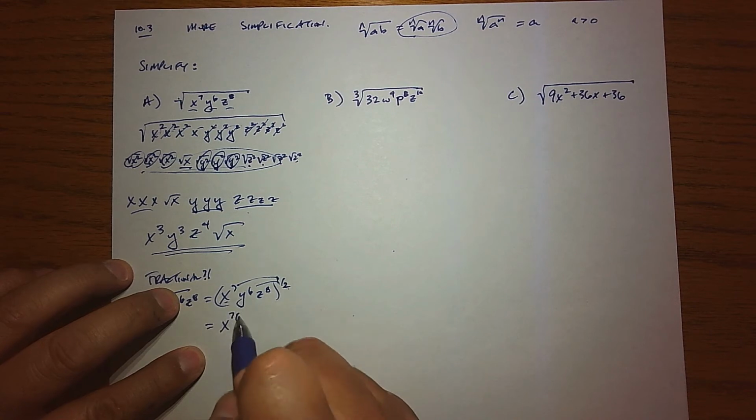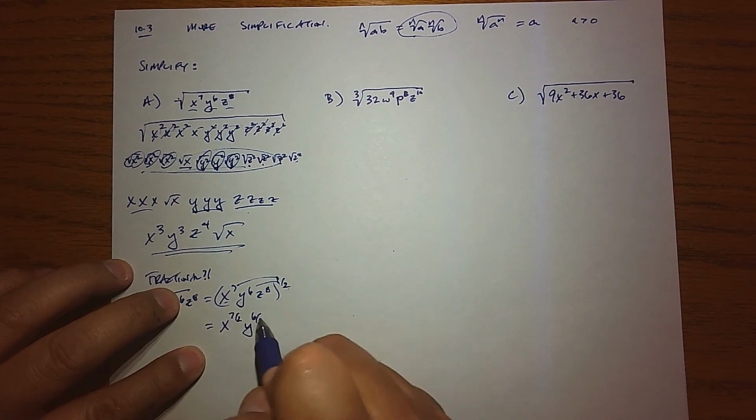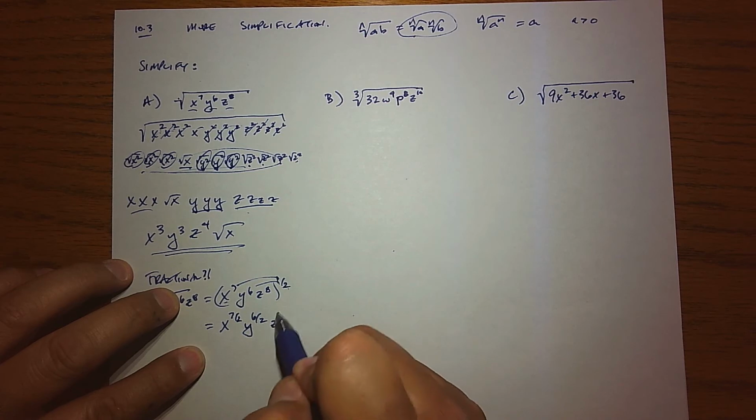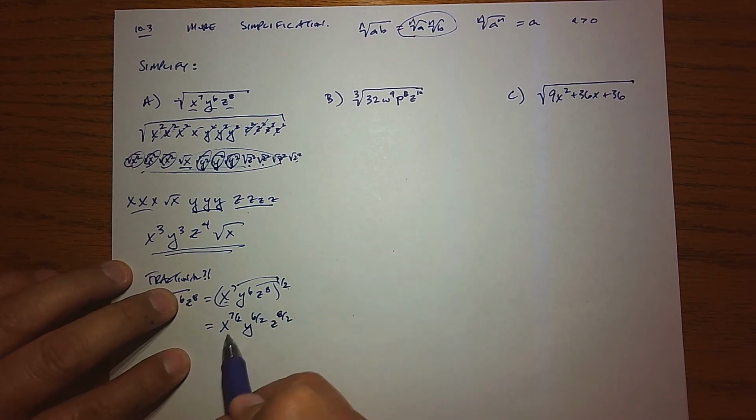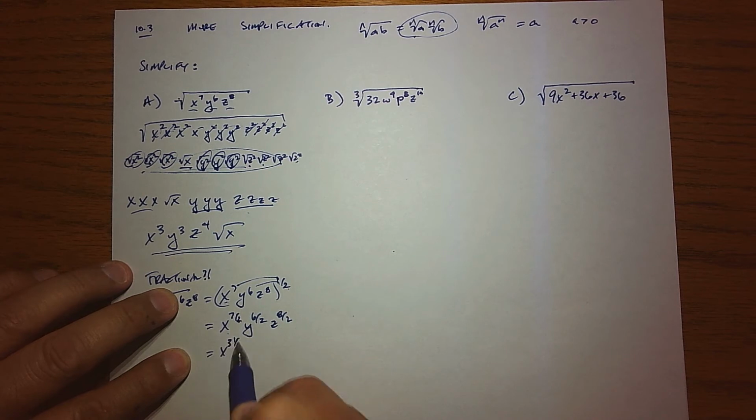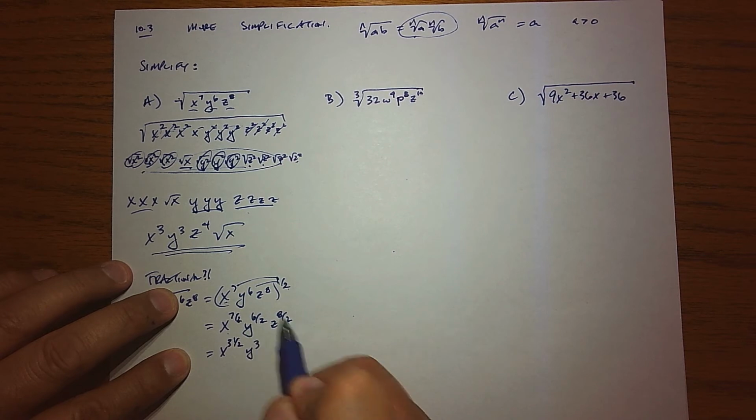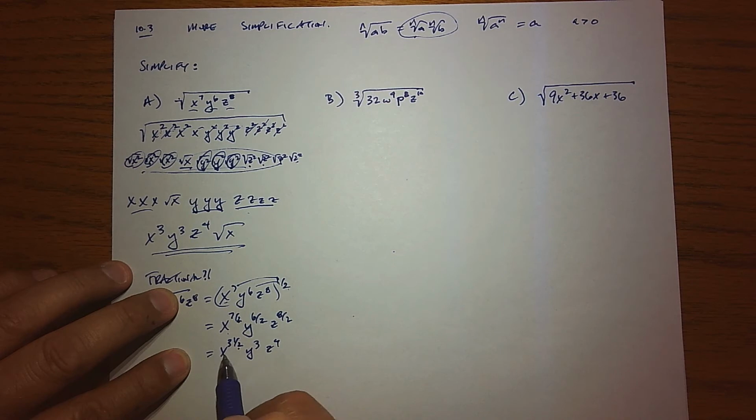So we get x to the 7 over 2, y to the 6 over 2, and z to the 8 over 2. This one, if we think of this fraction, 2 goes into 7 3 times with remainder of 1/2. 2 goes into 6 3 times, and 2 goes into 8 4 times. So we can see that little extra half applied to that x.